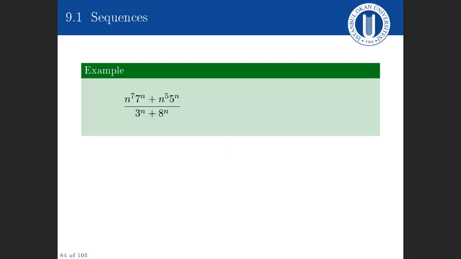Now that we have these standard limits, we can find the limits of things like this: n to the power 7, 7 to the power n, plus n to the power 5, 5 to the power n, divided by 3 to the power n, plus 8 to the power n.